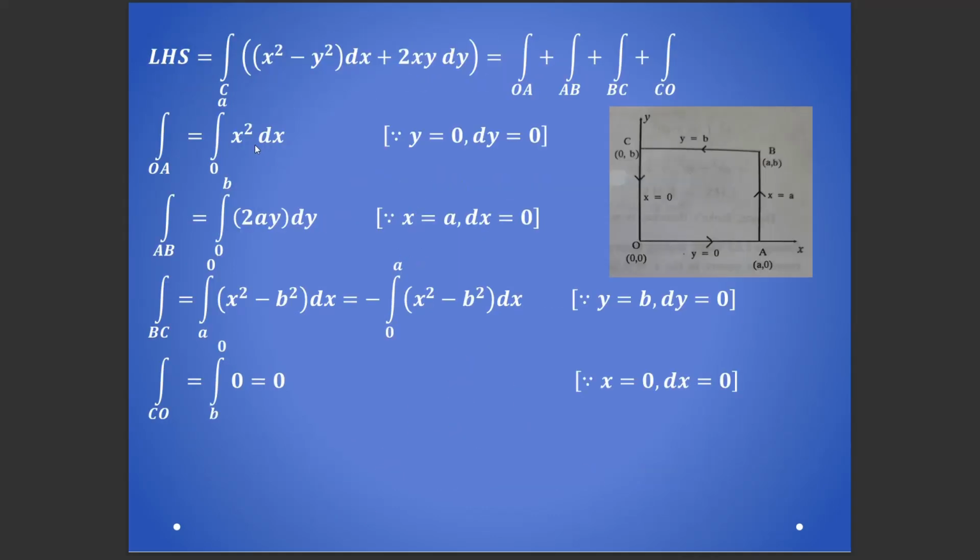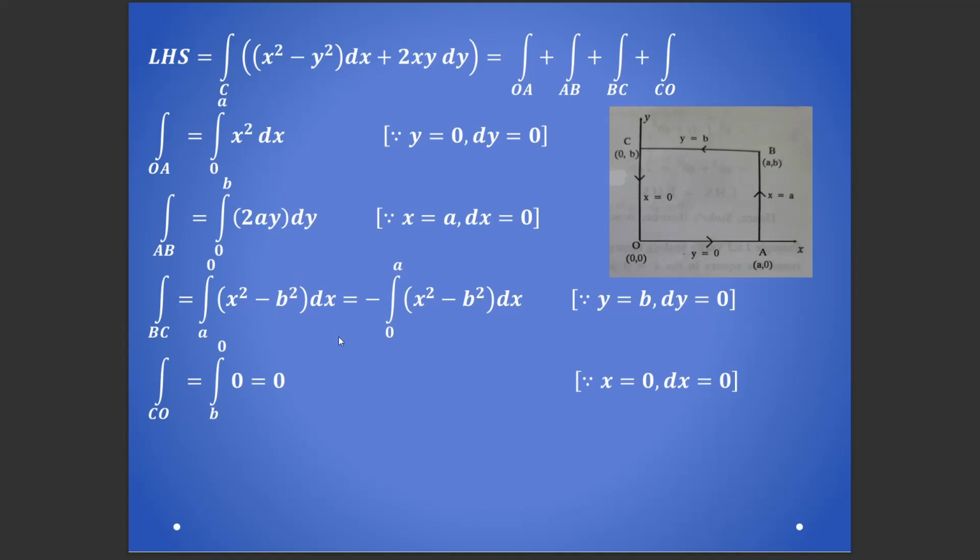So x square by 2, a cube by 3 is the first case. And here it is 2a into y; a is the constant, so 2a is the constant, y square by 2, and y equals b, so b square by 2. The 2 we can also cancel, it is ab square.